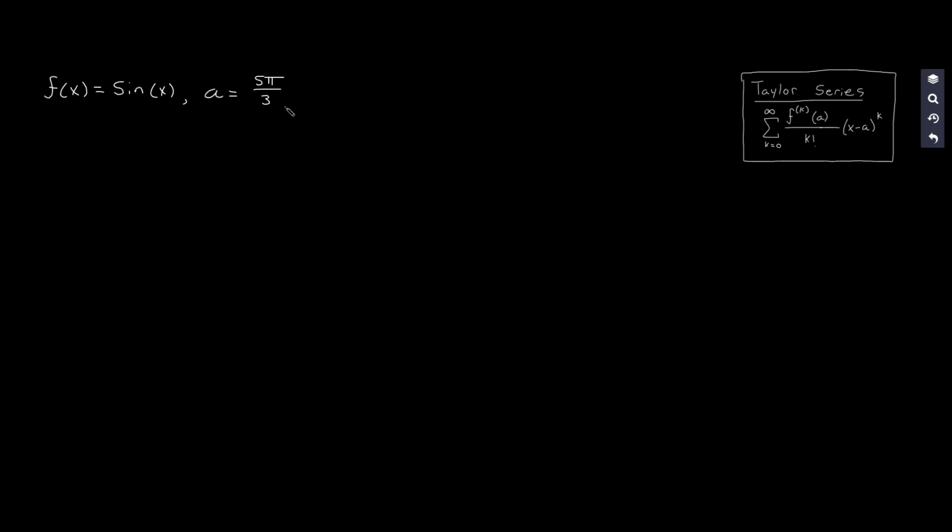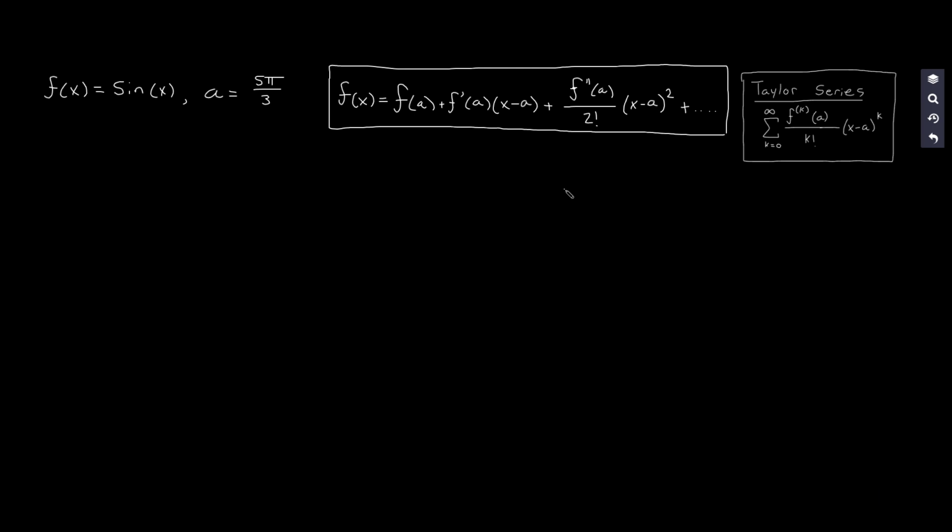Let's say that we're prompted to find the first 3 non-zero terms of the Taylor series for the given function that's centered at a. Well, the Taylor series of the function f of x at the point a, which you could say x equals a, is given by this theorem that I'll write out.